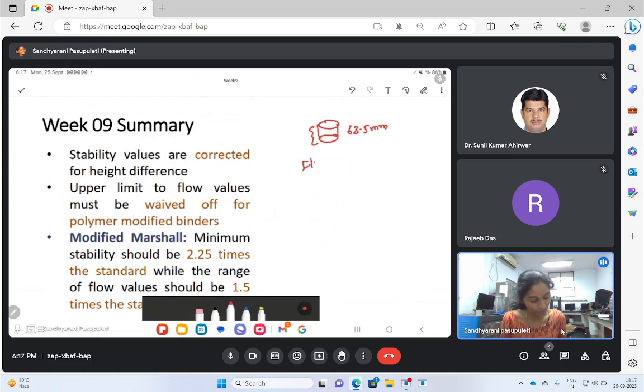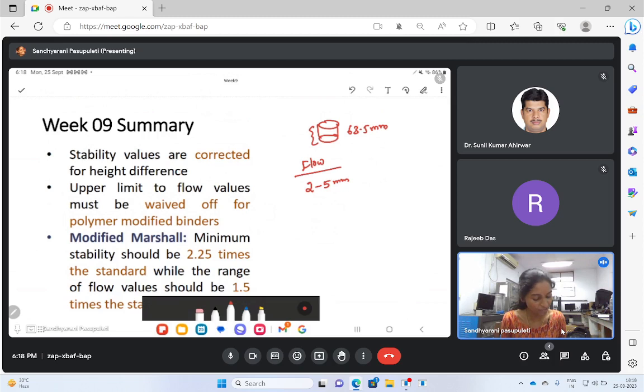As far as the flow value is concerned, the MORTH specification limits provide 2 to 5 mm as the flow limit range. For unmodified binders, it is always achievable, but if we take modified binders like polymer modified binders, due to their higher elasticity, those mixes can produce higher flow.